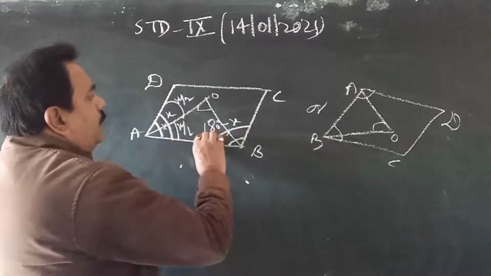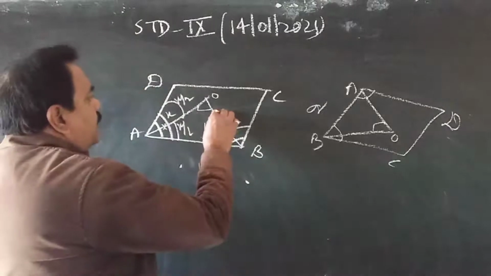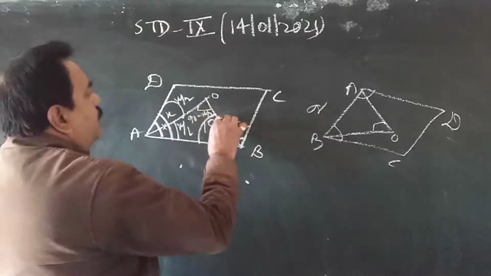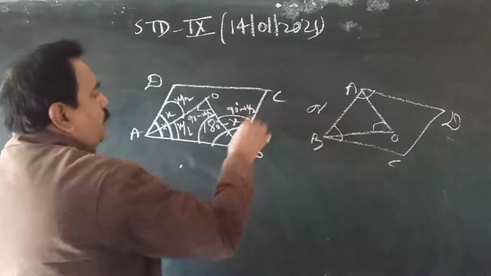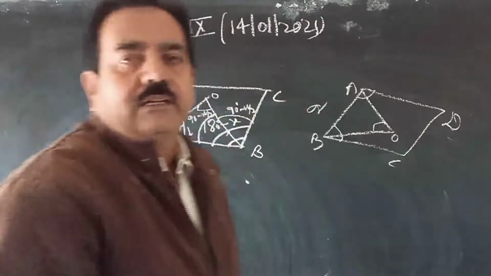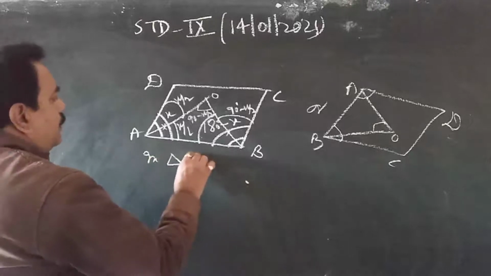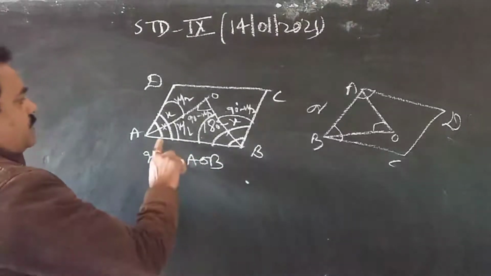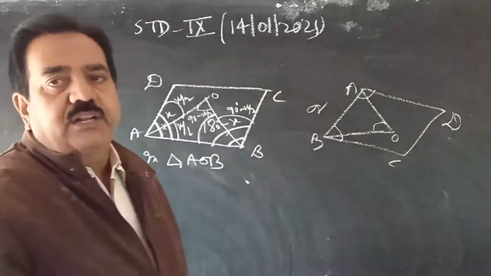Similarly, angle B is 180 degrees minus x. So half of 180 degrees minus x is 90 degrees minus x by 2, and this is also 90 degrees minus x by 2, because BO bisects angle B. Now in triangle AOB, the sum of all three angles will be equal to 180 degrees.